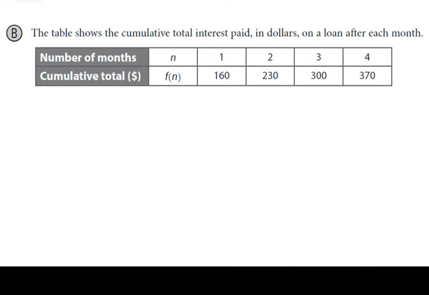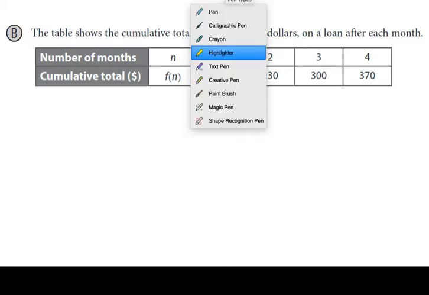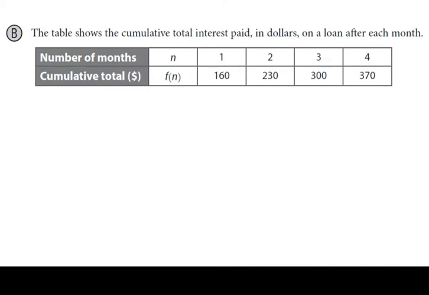Okay, let's try another. The table shows the cumulative total interest paid in dollars on a loan after each month. We want to write the explicit formula. So we have our common difference. We're going to add 70, add 70, add 70. That's a common difference. Therefore, we have an arithmetic sequence. d is equal to 70.